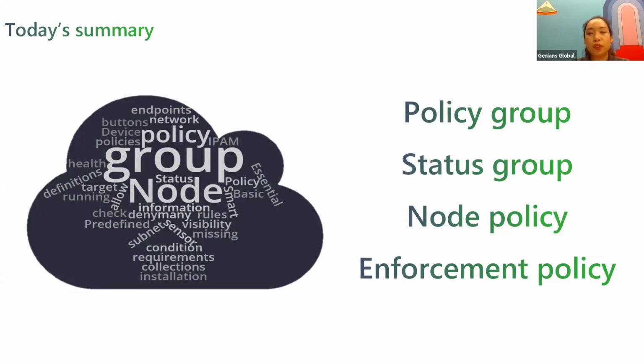You move to the node policy, and the node policy allows you to see inside your group. After checking your group's visibility, in the next step you move to the enforcement policy, finally deciding whether you want to allow, deny, or redirect your group. So this is the content for session 1.